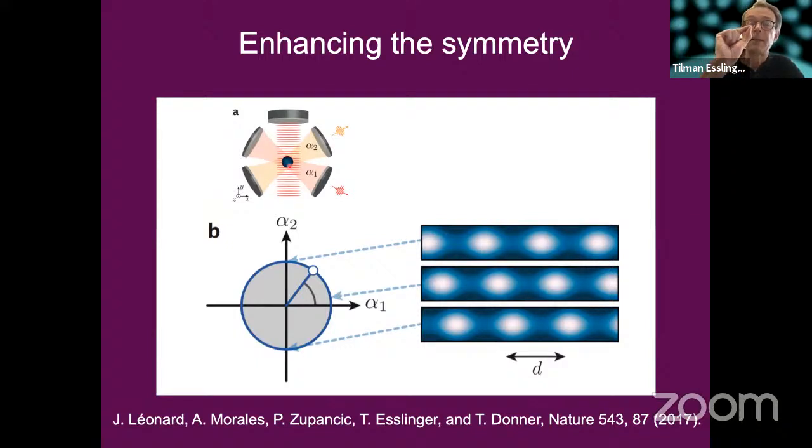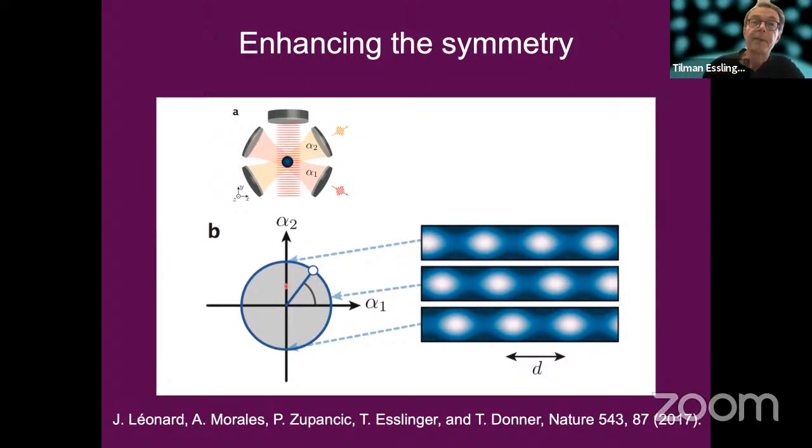So the phase gives you only a Z2 symmetry. That means with these fields, I can be on all of these four quarters of the alpha 1, alpha 2 representation of the field. It can be positive, negative for both fields. So that's the Z2 symmetry.